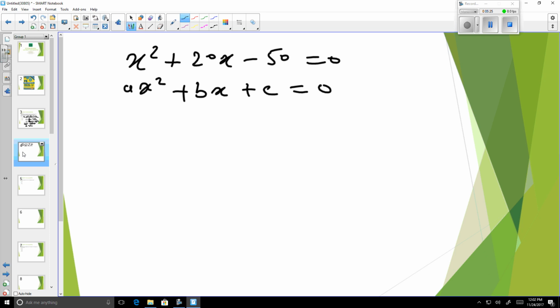If we compare those equations, we can see clearly that a equals 1, b equals 10, and c equals minus 50.